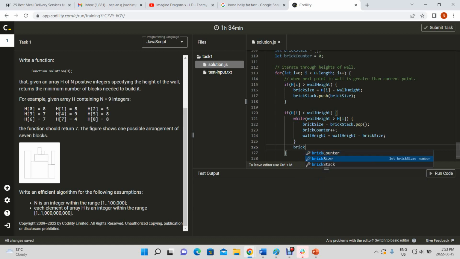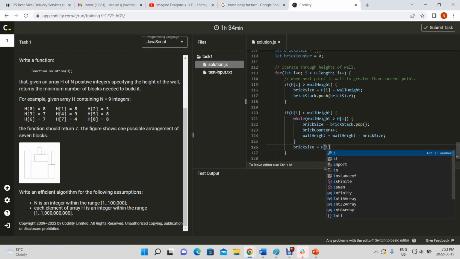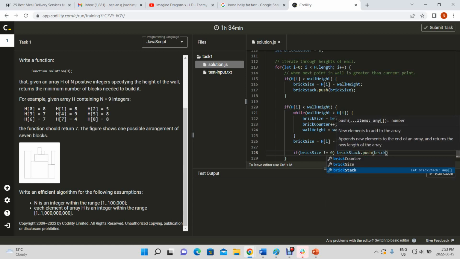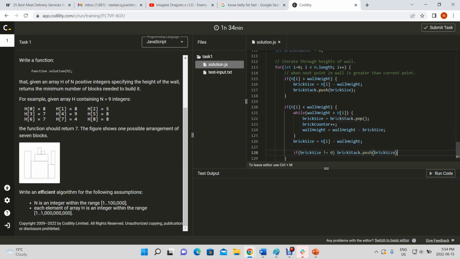So we'd have a brick size is equal to h of I minus wall height, right? So we get our new brick. If brick size is not equal to 0, what we're going to do is push it back into the stack. So brick stack dot push brick size, right?